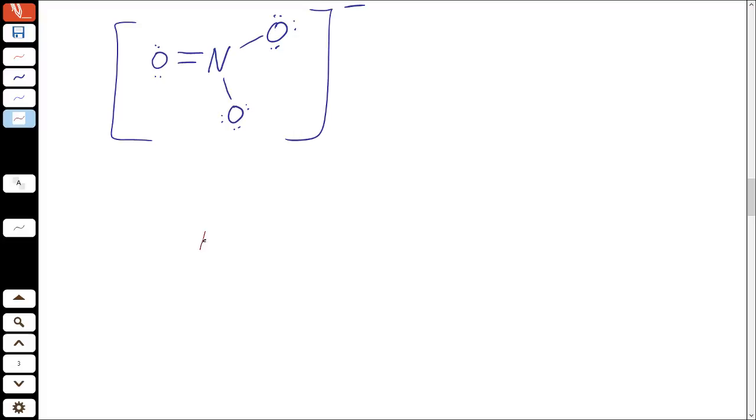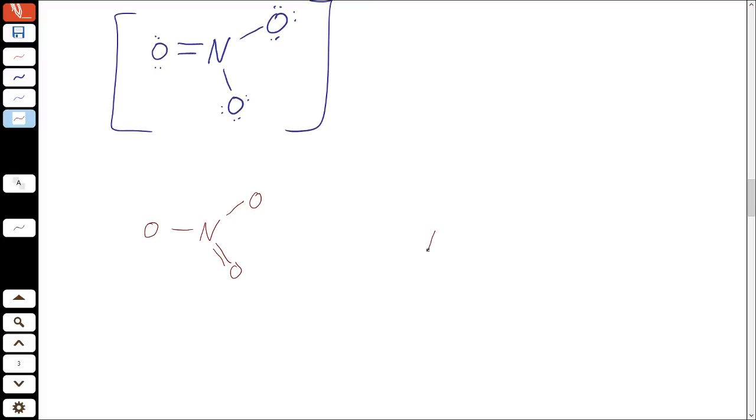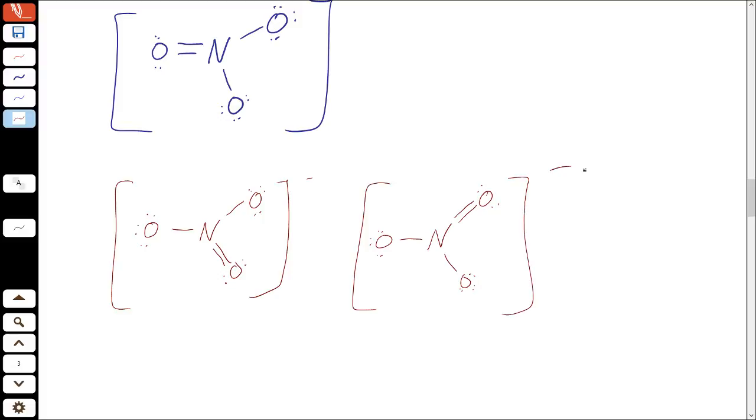Some people may have drawn it like this, or like this, as long as you did the correct things with it, like that. Those are also correct structures. Now, are they the same or are they different? The same.